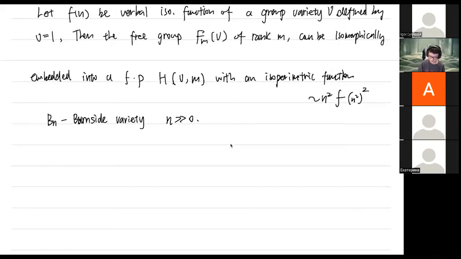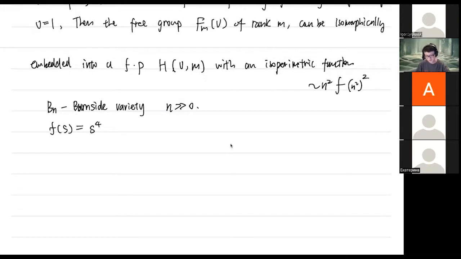You can choose according to a method given in Olshanskii's book the function to be a quadratic polynomial. So f of s equals s to the 4 is a verbal isoparametric function of B sub n.